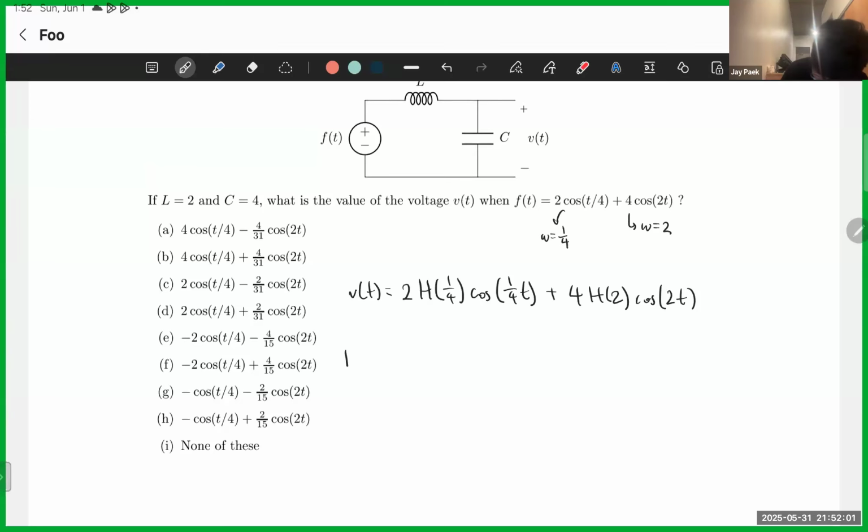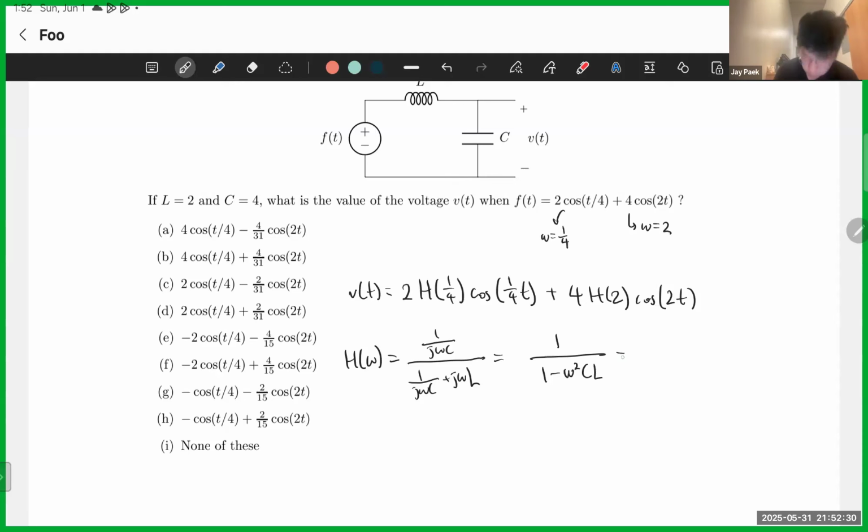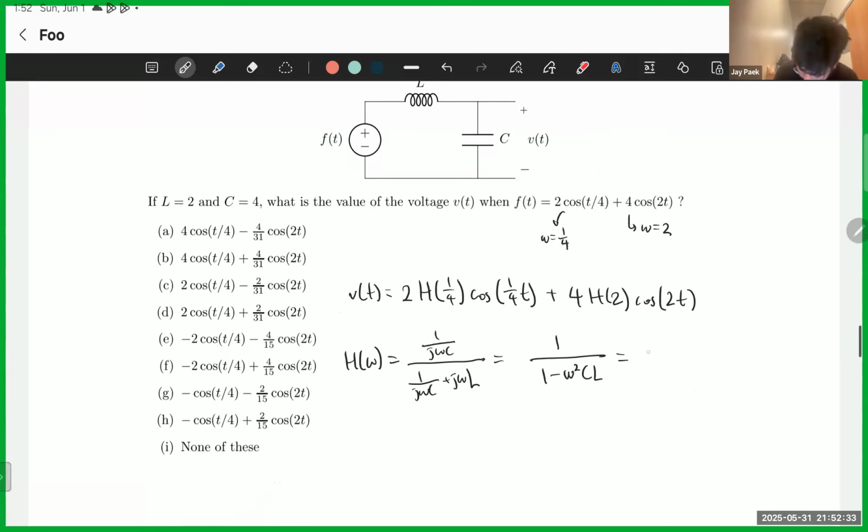H of omega is equal to 1 over j omega C divided by 1 over j omega C plus j omega L. Thus, we obtain that this is just 1 over 1 minus omega squared CL. What is this? L and C are those values, so we get 1 over 1 minus 6 omega squared. It's not 6, it's 8. I don't know what's up with me today.